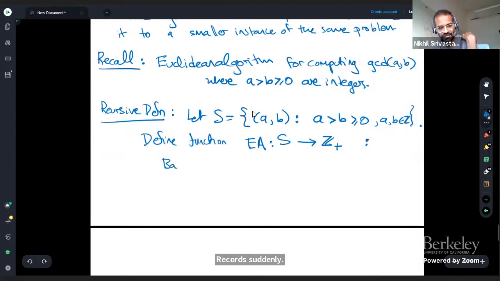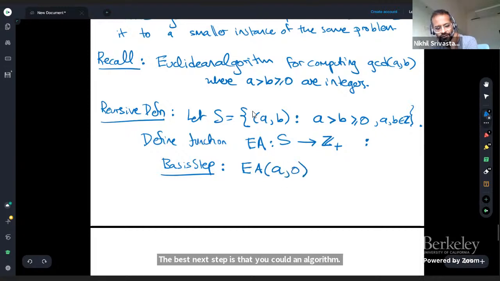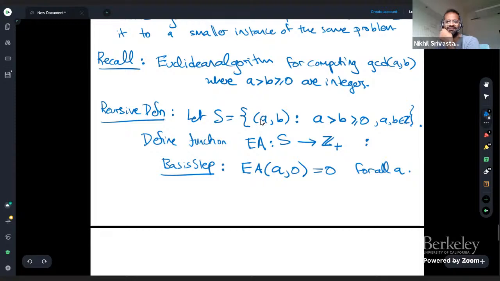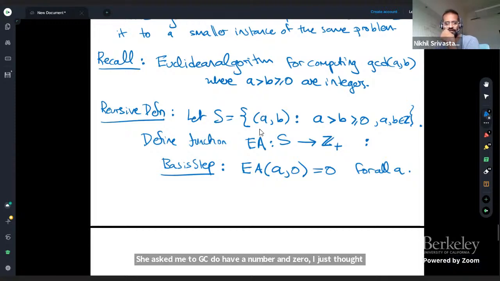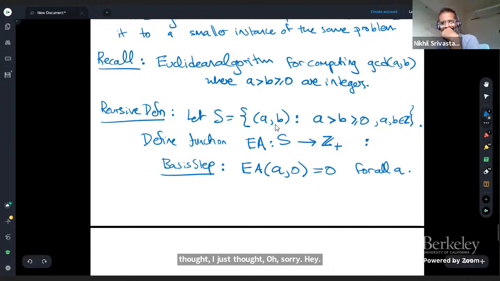So what's the basis step? Well, the basis step is that the Euclidean algorithm applied to any number A comma 0 is just A. If you ask me the GCD of a number and 0, I just output the number.